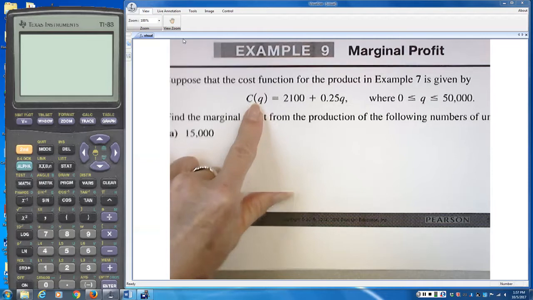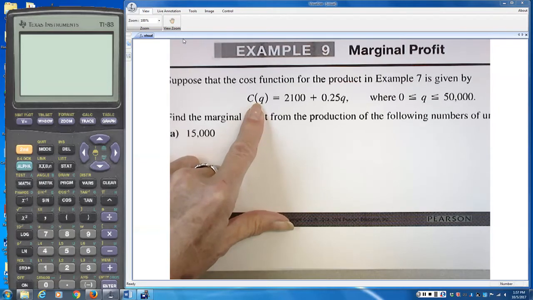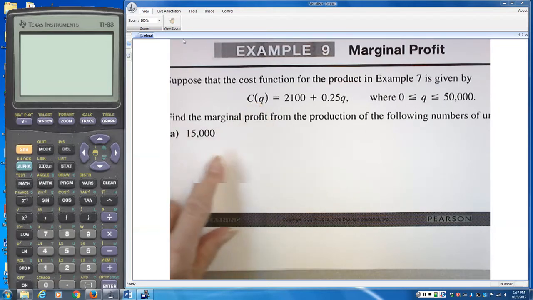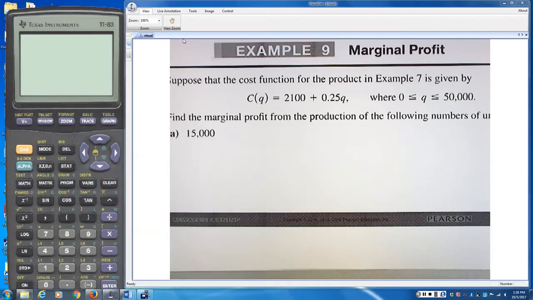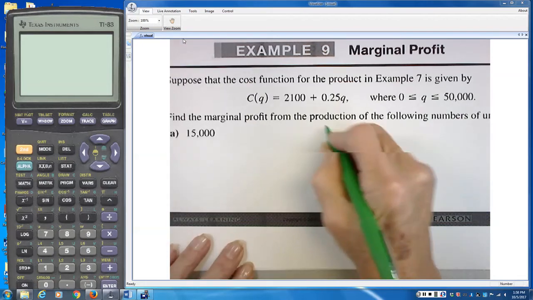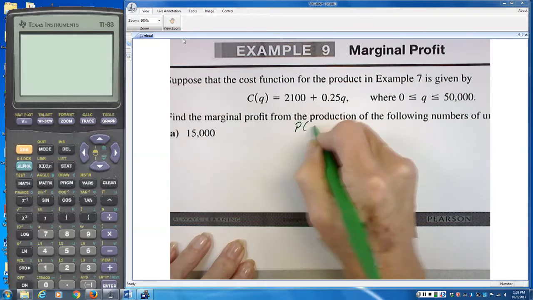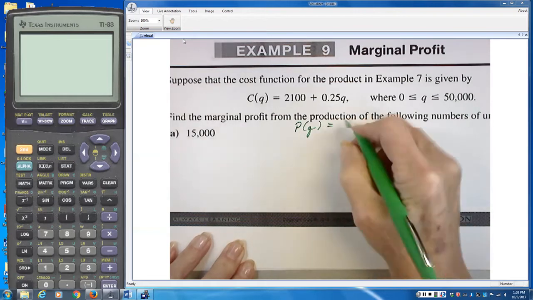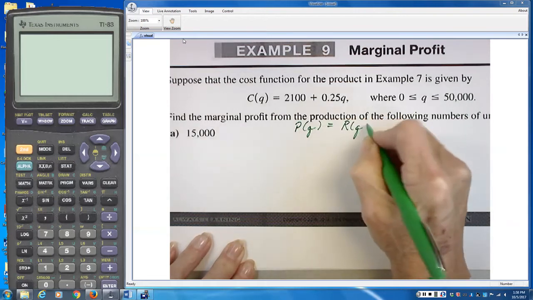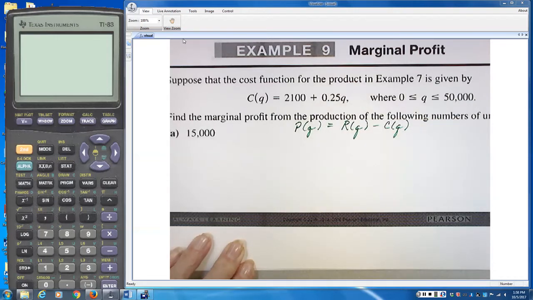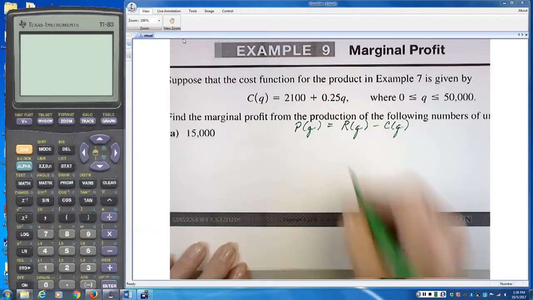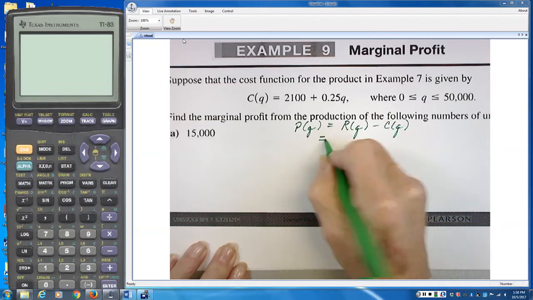Okay, now this is the cost. That is not profit. How do we find profit? We need an equation for profit. Okay, so profit from Q units is equal to the revenue from Q units minus the cost of Q units. And our revenue equation, if you want to look back through your notes, looks like this.